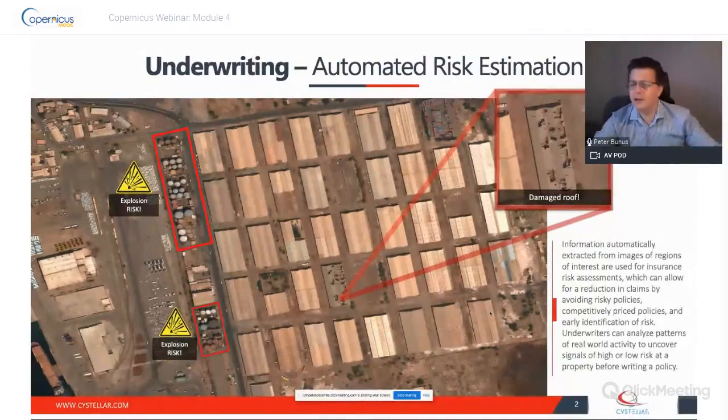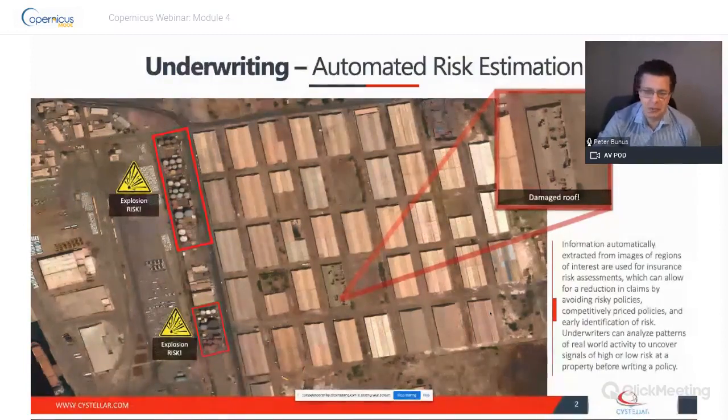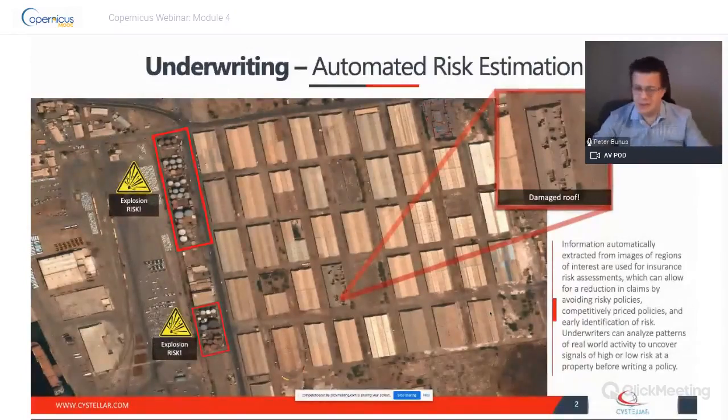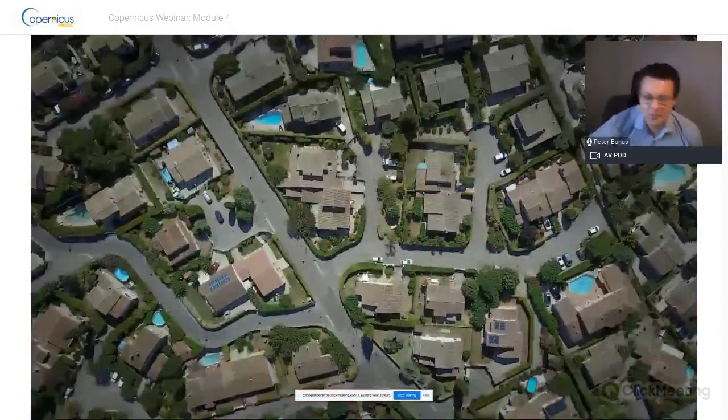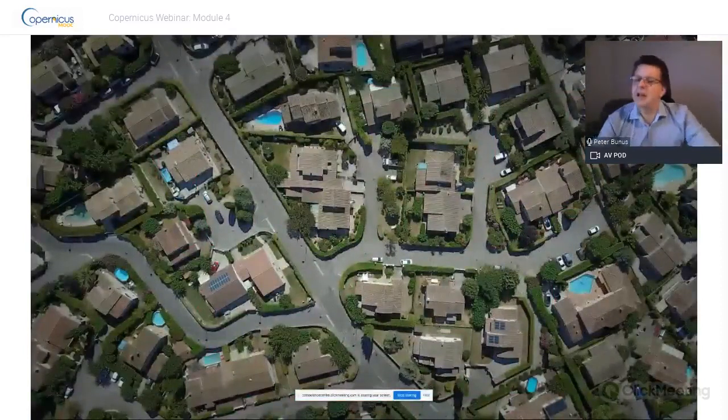So the role of an underwriter is actually to analyze patterns of real-world activity, to uncover any kind of signals of risk at a property before actually issuing that insurance policy. What an underwriter does is look and try to assess the danger in that particular area. Now, this is not satellite imagery. This is aerial imagery.